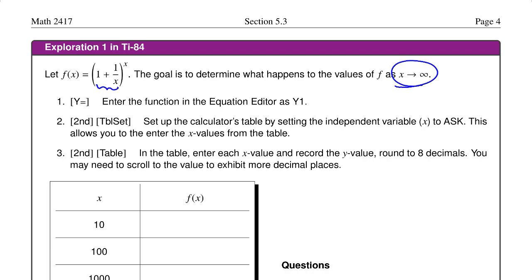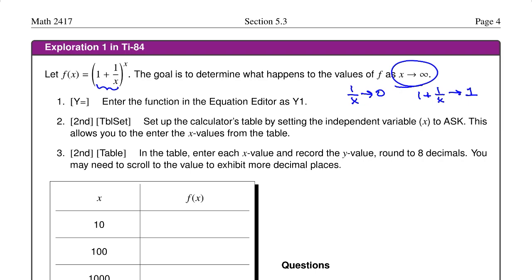Well, as x goes to infinity, 1 over x goes to 0, so 1 plus 1 over x approaches 1. And 1 raised to a power is still 1. So the question is, who wins? Is it going to blow up and go to infinity? Is it going to approach 1? Or is there something sort of in the middle that it's going to settle on? That's what you need to figure out here.